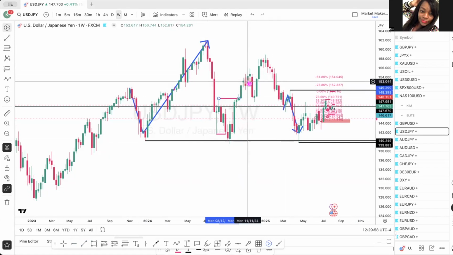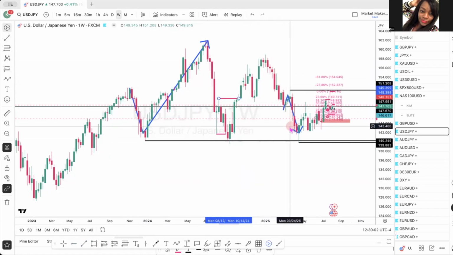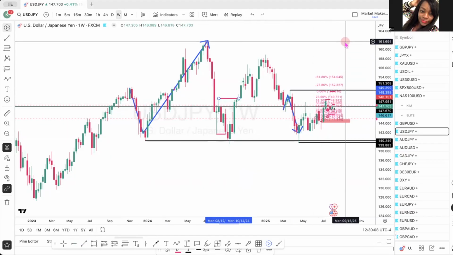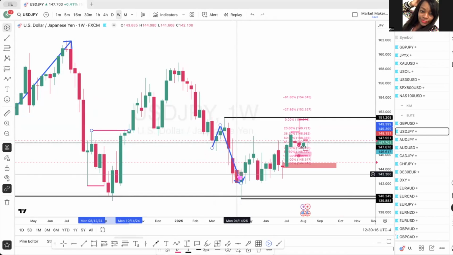It shifted structure. So now it has pulled back to possibly start going back up. But right now, it has pulled back and created this level of bearish structure.